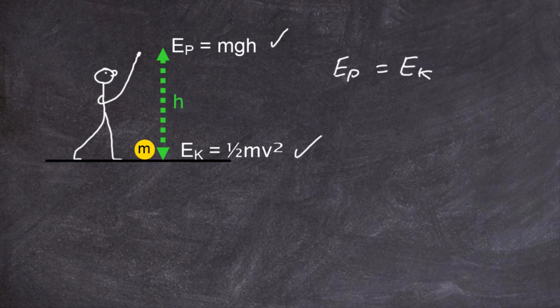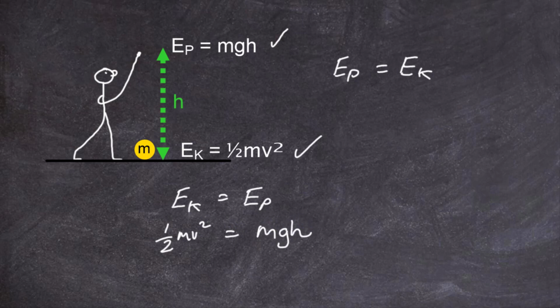Both are equal. Now we can use that expression to solve all sorts of problems, as I've said, by just equating the two expressions. So if we have, for example, EK equal to EP, so the kinetic energy equal to the gravitational potential energy, and we put in our values of these, a half mv squared is what the kinetic energy is, that should equal mgh.